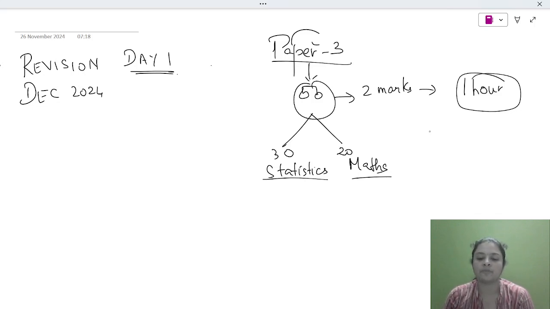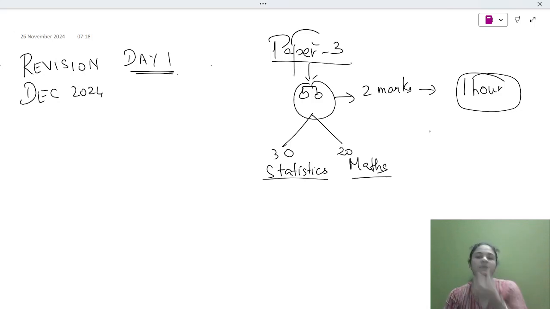From each of the chapters, about 7 to 10 questions. At the end of this revision you will also be given some practice questions for your self practice. So this is going to be our pattern for discussion for this revision.